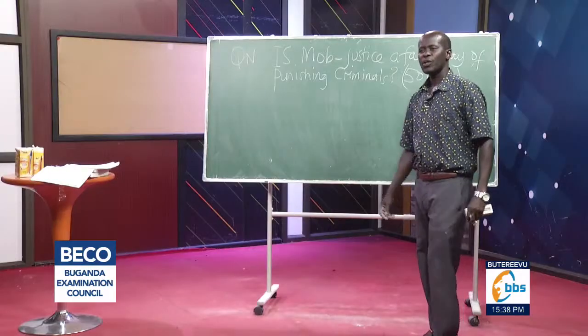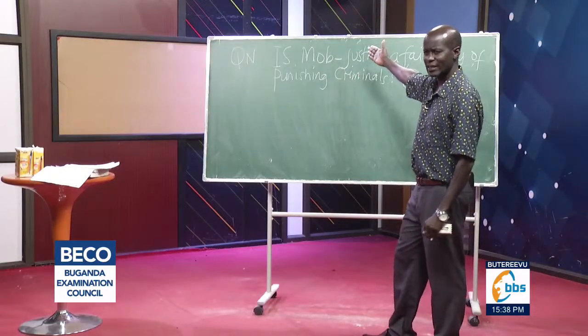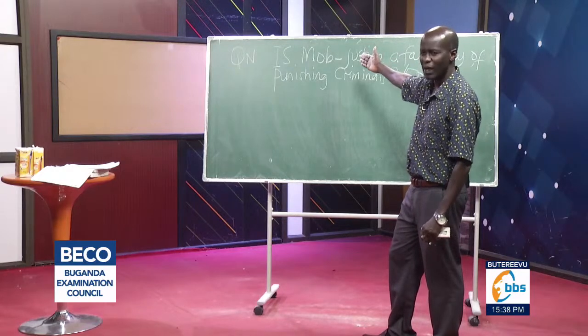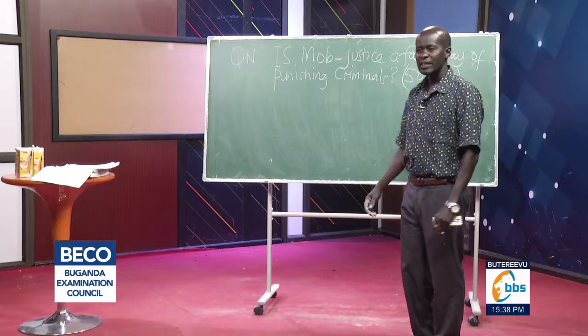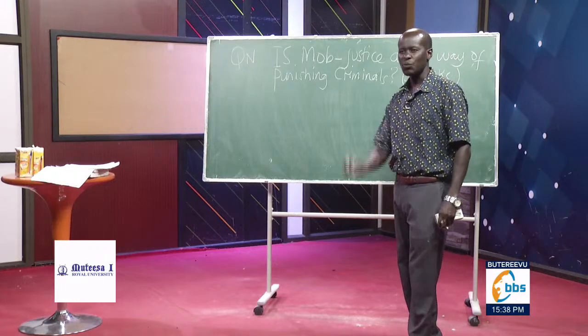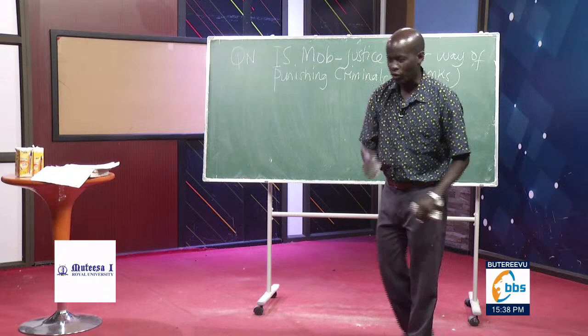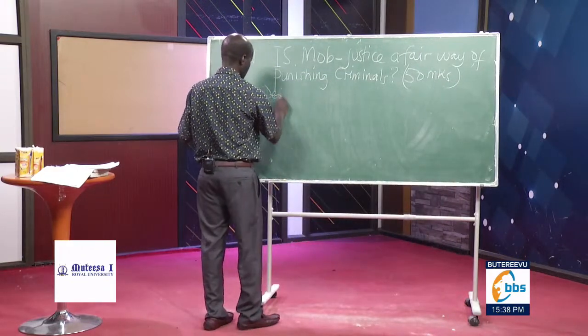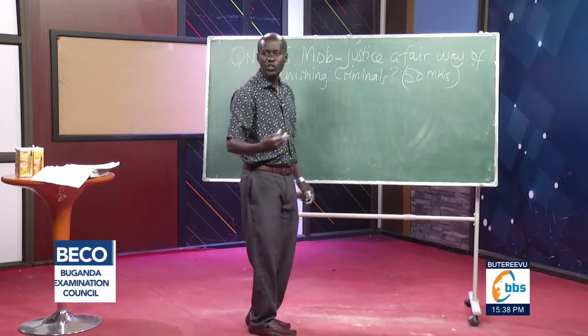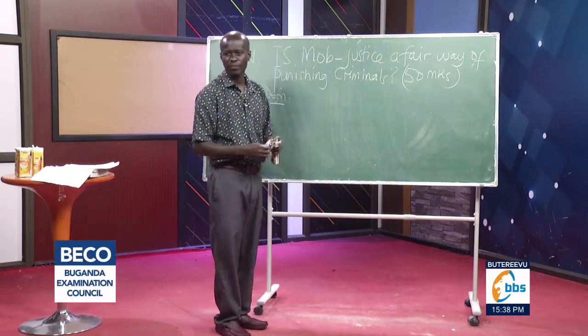Now, if you're confronted with a question like that in Section A, or if you make up your mind that you're going to do that question, it is important to start with a definition of the key term in the question.